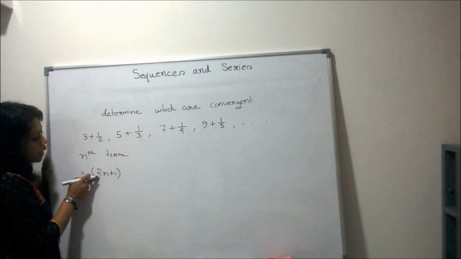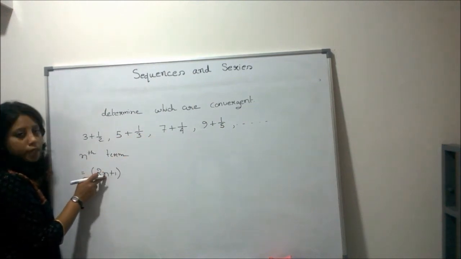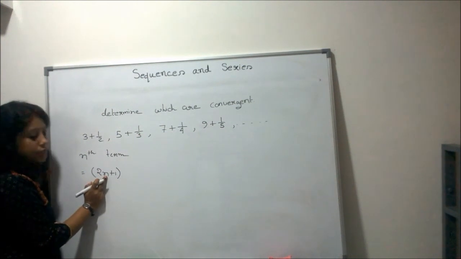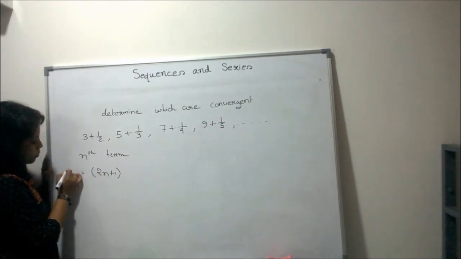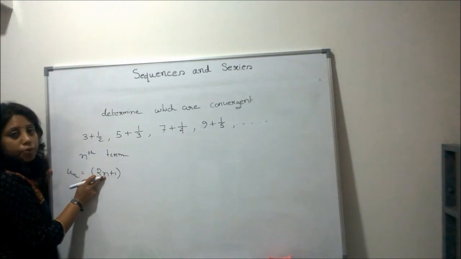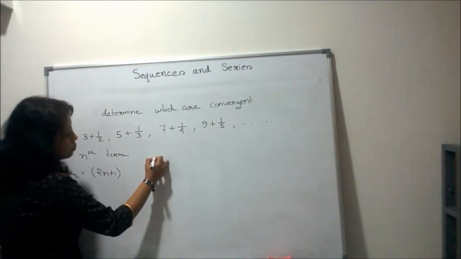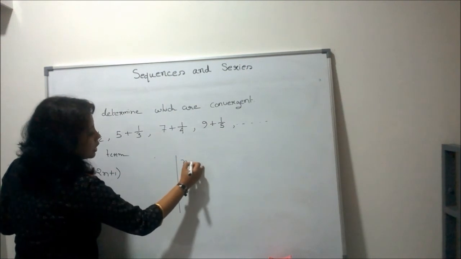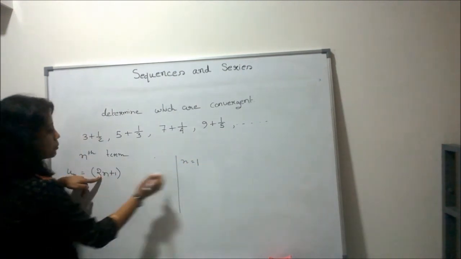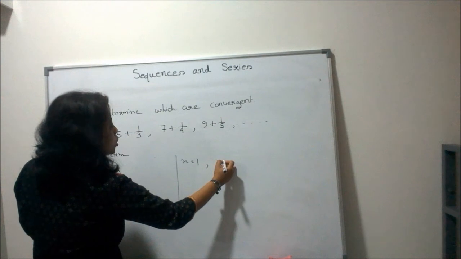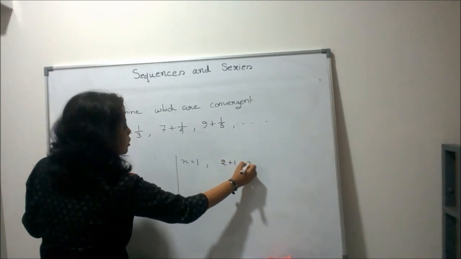Look at this. We put 2n plus 1, where n is the term number. So when we put n is equal to 1, it becomes 2 plus 1, that is 3.